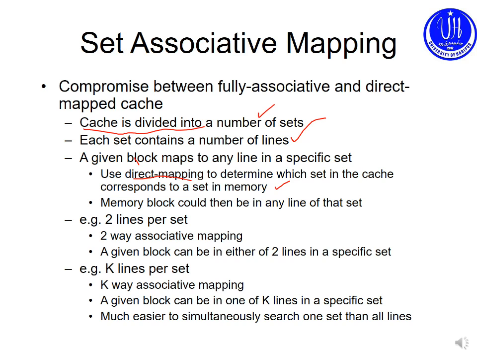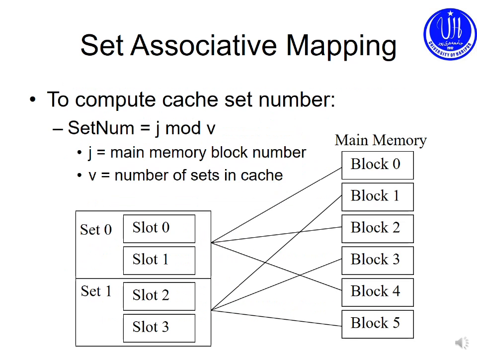The number of lines per set is called the way. 2 lines per set means two-way associative, and 3 lines per set means three-way. You can see it in the next slide on the diagram, so it will be easy to understand. Here, for example, we have 4 cache lines: line 0, line 1, line 2, and line 3.